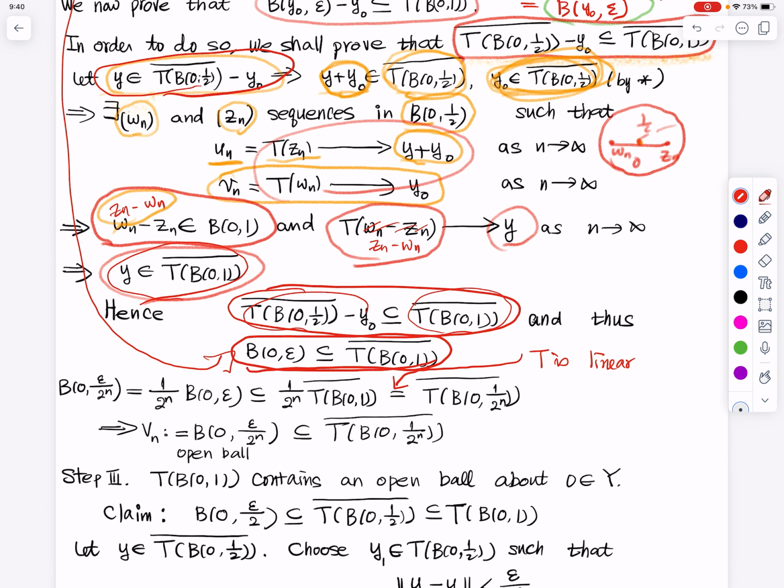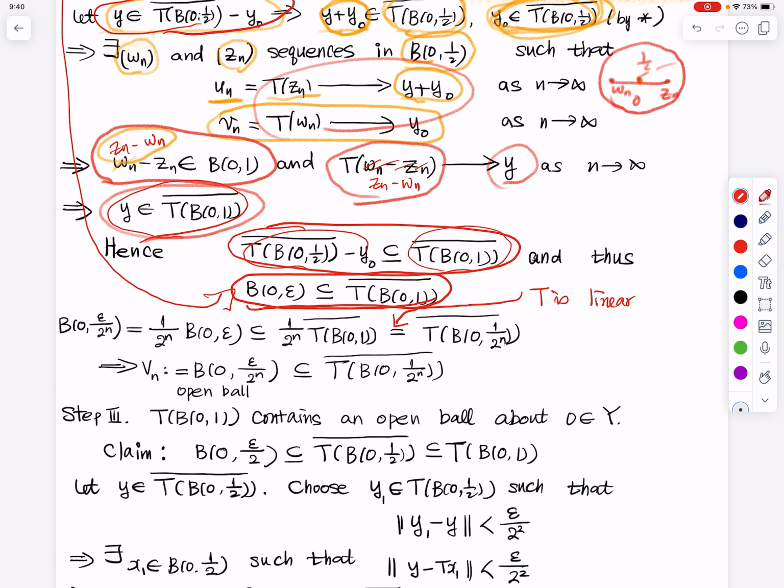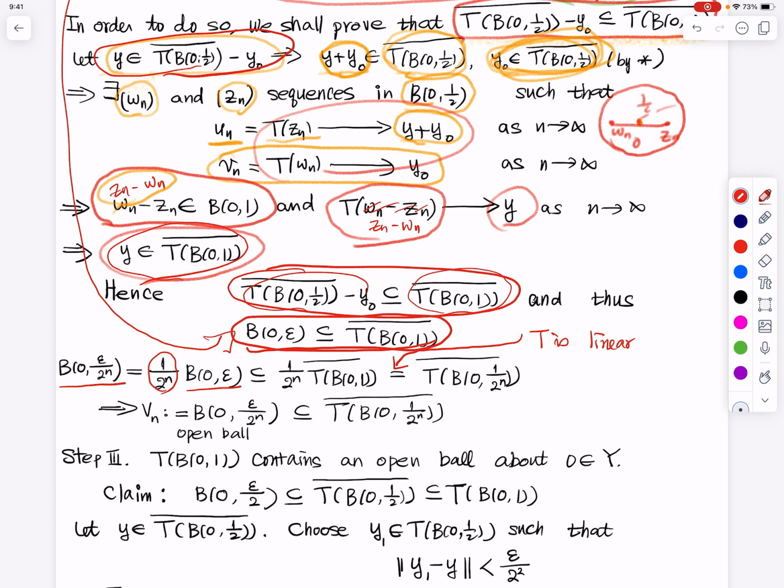Then we can prove further in step 2. Look at here, B(0, epsilon over 2 to the n). You take 1 over 2 to the n outside, then it equals 1 over 2 to the n times B(0,epsilon). What we just proved in the previous line is that B(0,epsilon) is a subset of this guy, and this guy belongs to here.